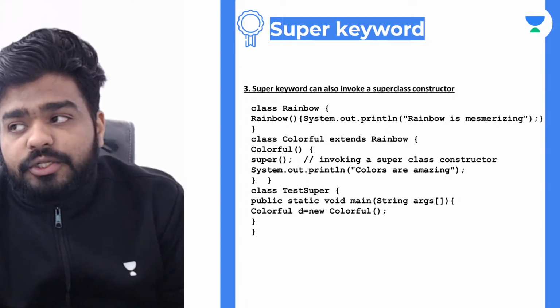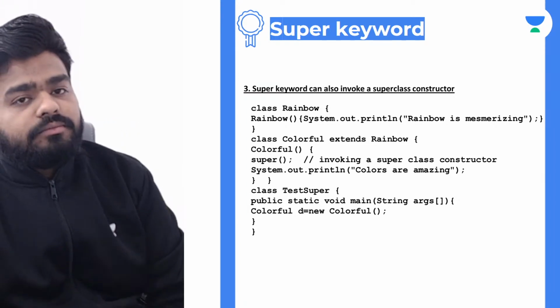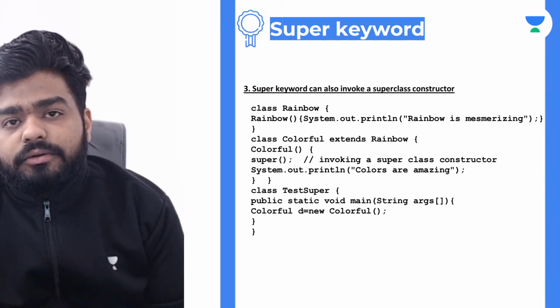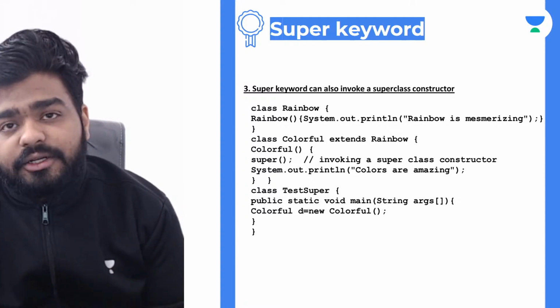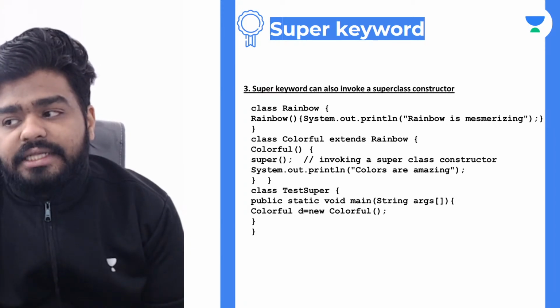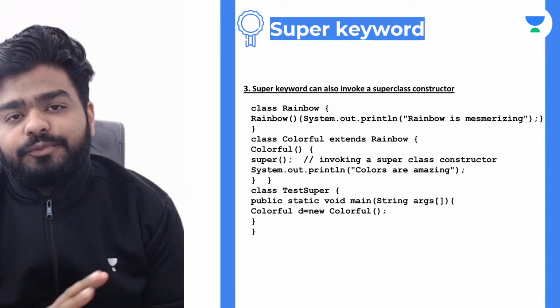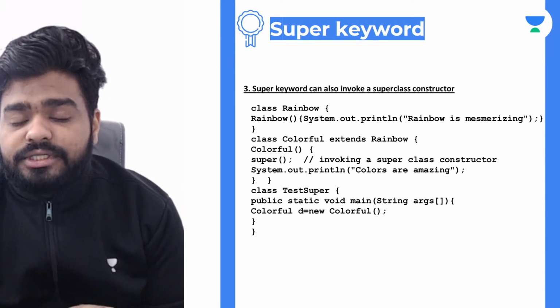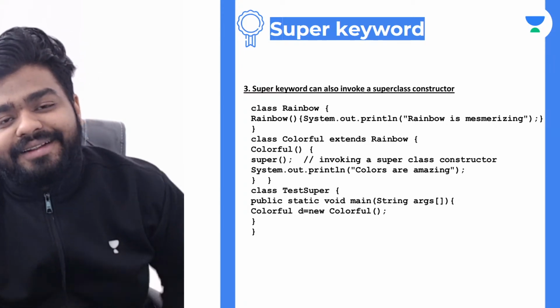Which is that keyword? With which you can access the variable also, method also, and constructor also. There is a keyword just like super. It doesn't act like super, it doesn't do the work of super, but we can use this keyword with.